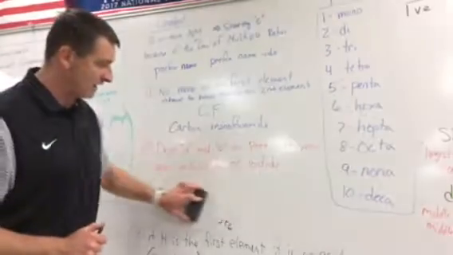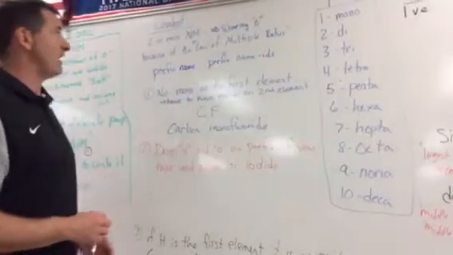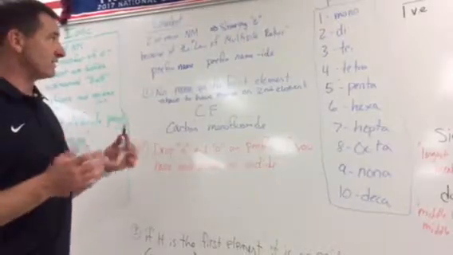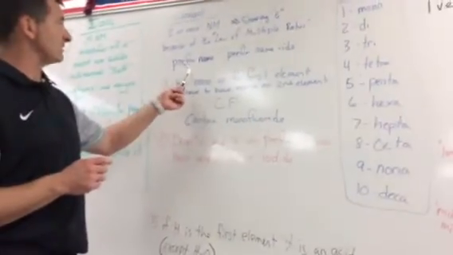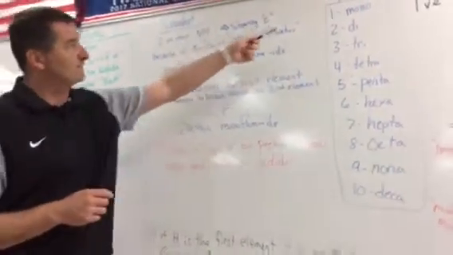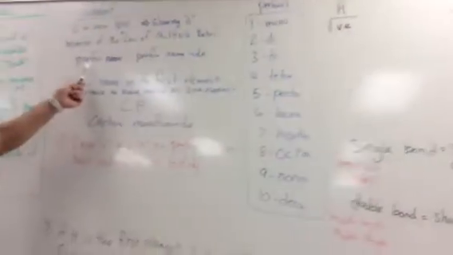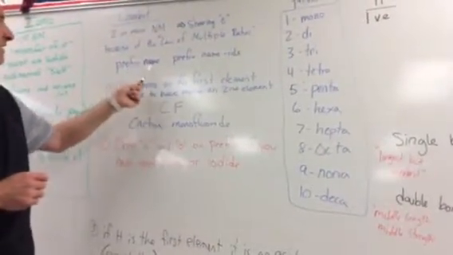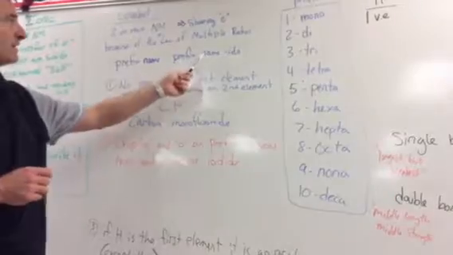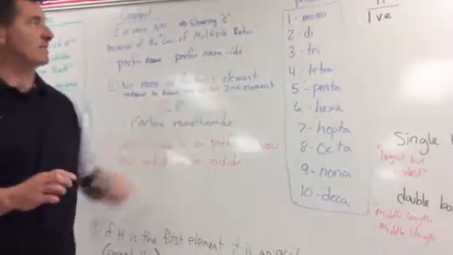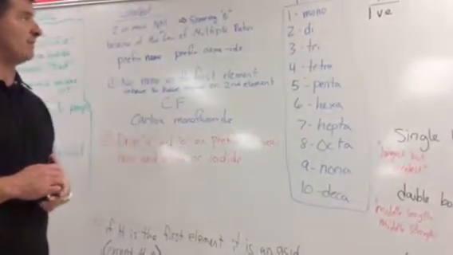And because of that, we're not canceling out charges, all right? You just have to write what's there, all right? And so when you name these, you're going to use what we call prefixes, all right? And the prefix tells you the number of atoms and then the name, and then you're going to have a prefix and say the number or the name plus IDE, just like we did with the nonmetals before.